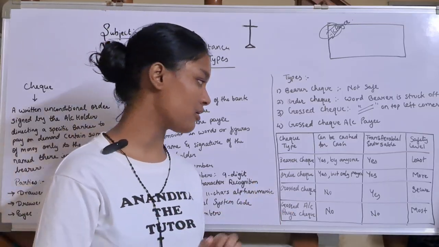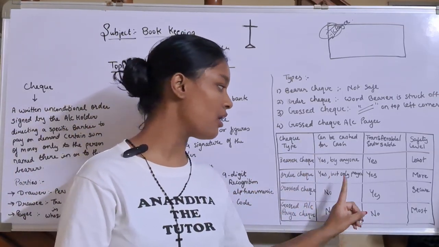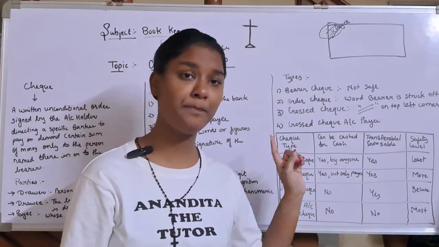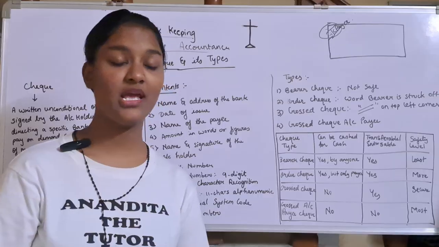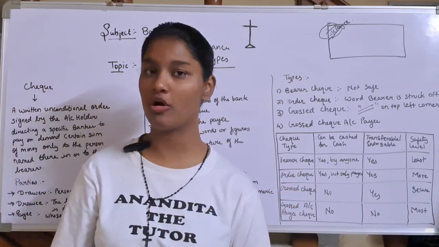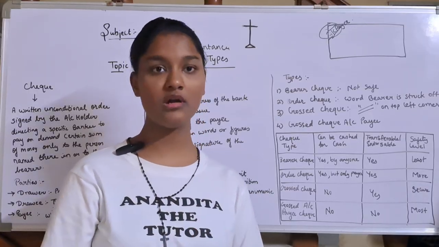Order check can also be cashed for cash. Sorry, but it can be cashed only by the payee. Why the payee? Because it is an order check. Order check may be crossed or not. It depends on the type of check.